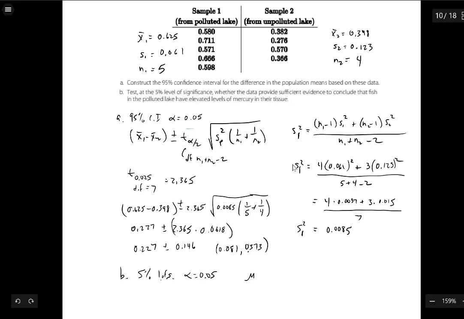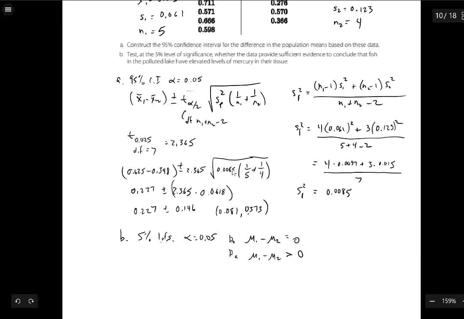Our null hypothesis is that the difference is 0. And our alternative hypothesis is that the difference is greater than 0. So that it's elevated, meaning that mean 1 is going to be larger than mean 2. So when you subtract the smaller from the larger, it's going to be a positive number. So that's our alternative. So that was step 1 in our hypothesis testing procedure.